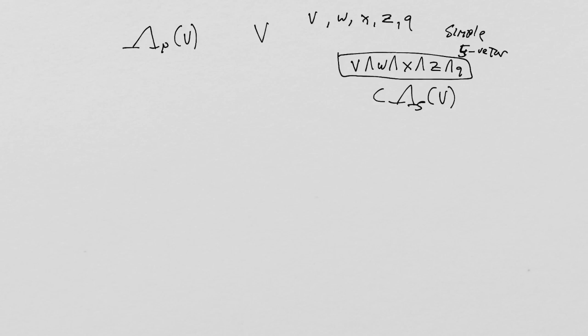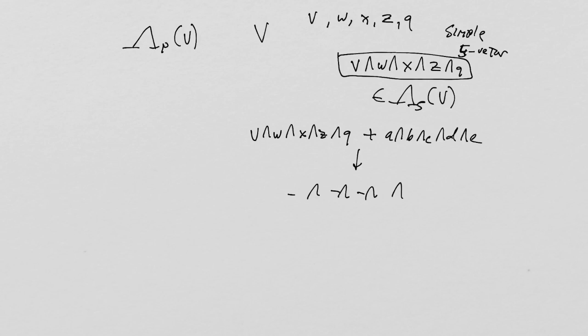You can easily imagine something that would look like V wedge W wedge X wedge Z wedge Q plus A wedge B wedge C wedge D wedge E, and there's no way to combine them into a single wedge product.